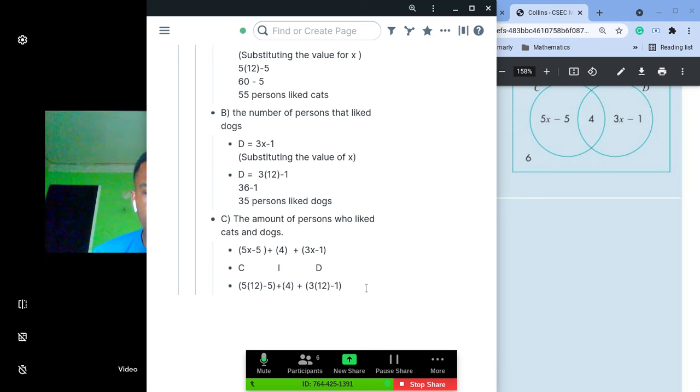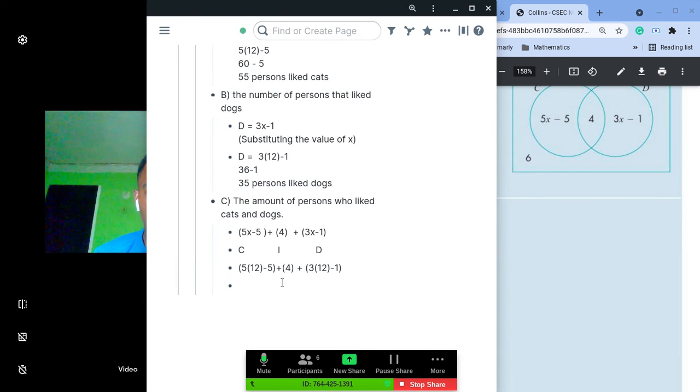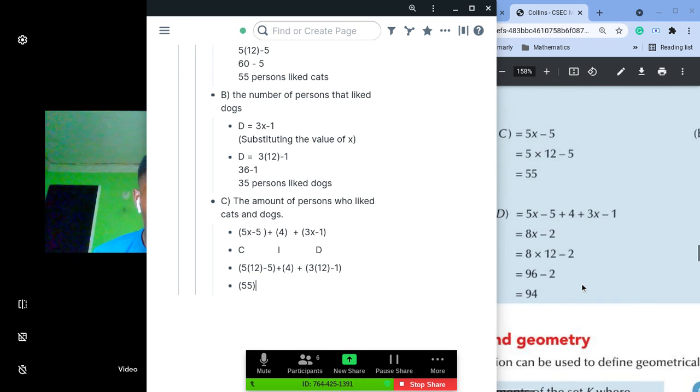We've already worked this out, so we don't need to work it out further. All you would need to do, guys, is literally just put your answers. It's going to be 55, plus 4.